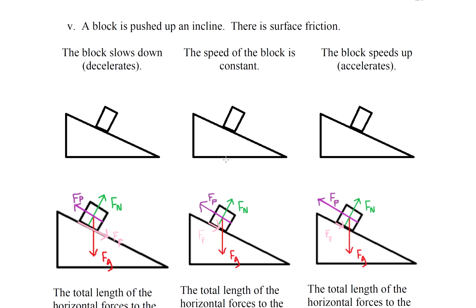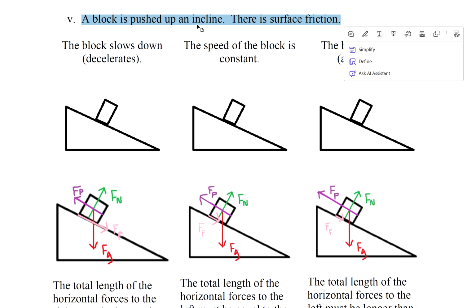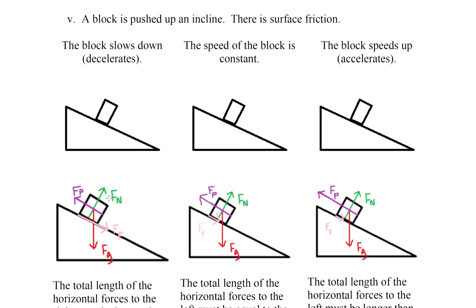Part V, a block is pushed up an incline. There is surface friction. The block slows down. So for this first image on the left, force of friction should be longer than force of push.